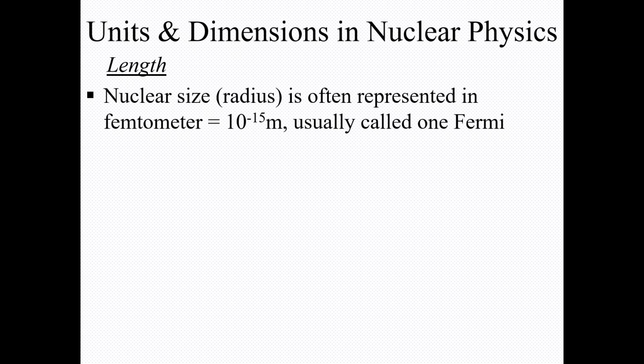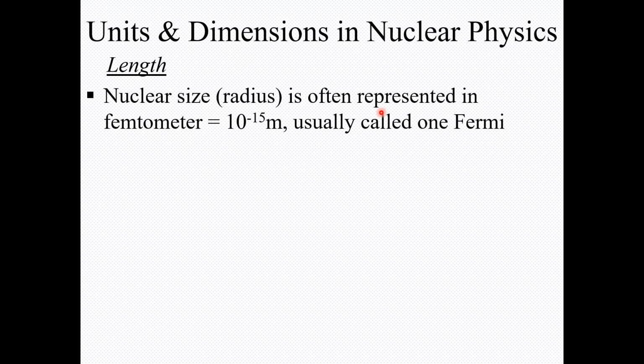What is length and how is length measured in nuclear physics? In nuclear physics, nuclear length is measured in femtometers, and 1 femtometer is equal to 10 raised to the power minus 15 meter, and that is usually called 1 Fermi. So let me repeat it again.